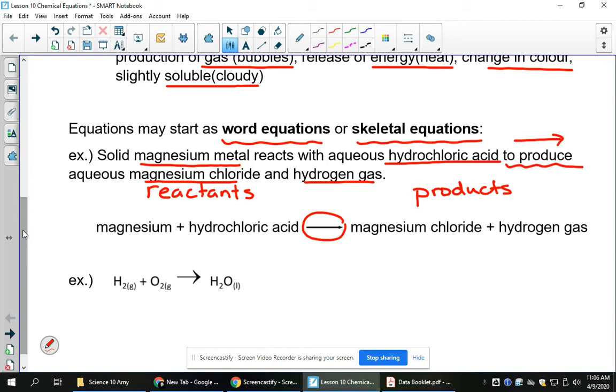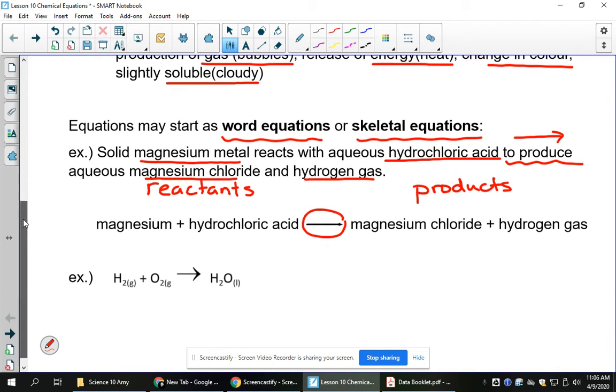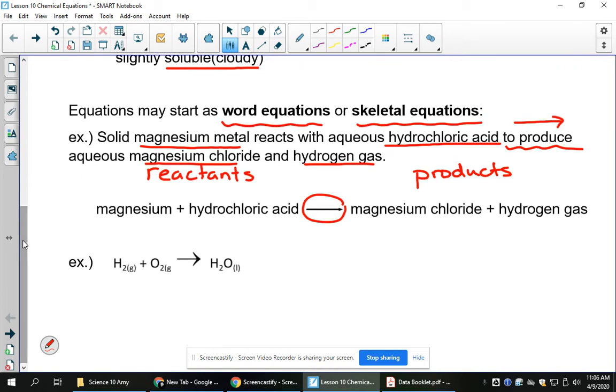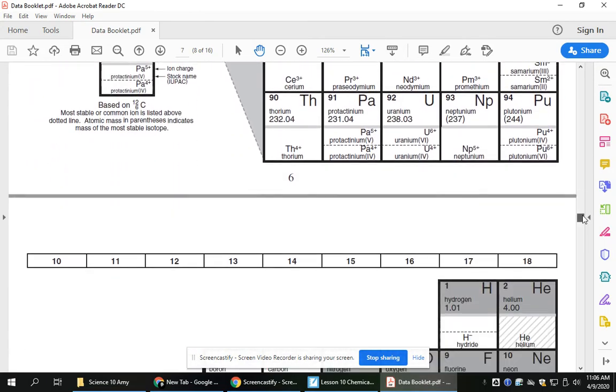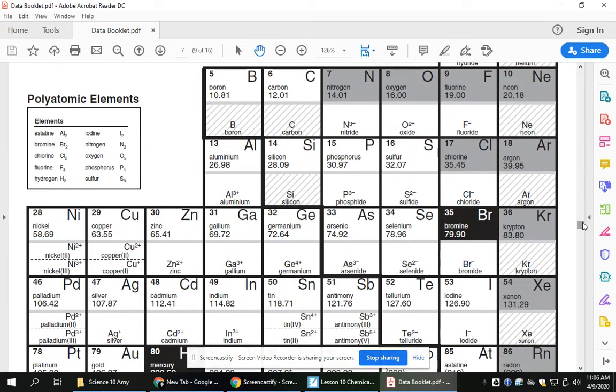So once you've taken the words to the skeletal equation, then you can start looking in your data booklet for how you would properly name these. So first one, magnesium. It says up here solid magnesium metal. When you're just naming an element like that, you're going to look on your periodic table of elements and go to that little box on the second page that talks about the polyatomic elements.